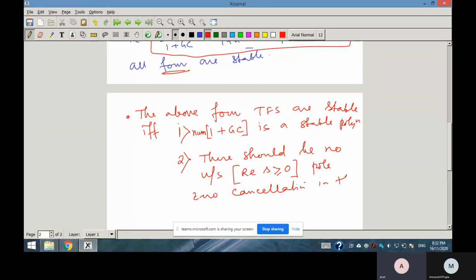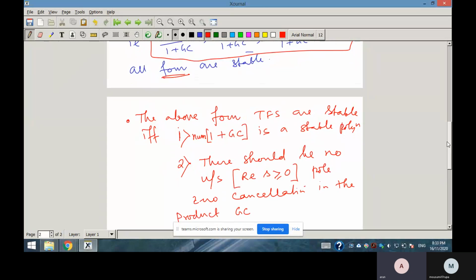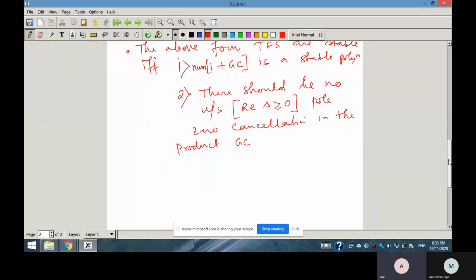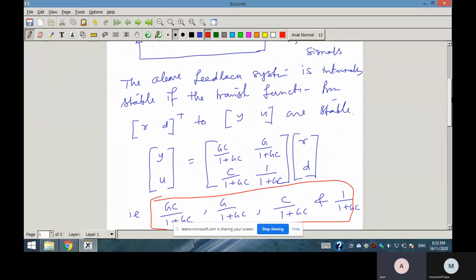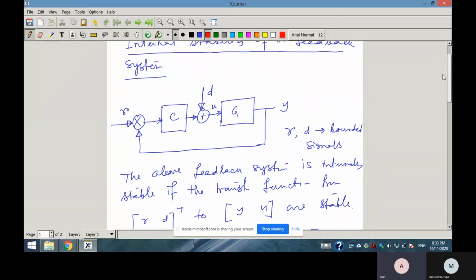This is a very important relation. So when you design a controller, there should be no unstable pole-zero cancellation between the controller and the plant. If there is, then your closed loop system will become unstable.